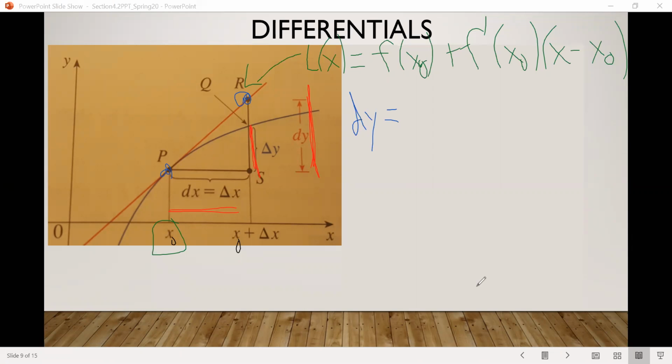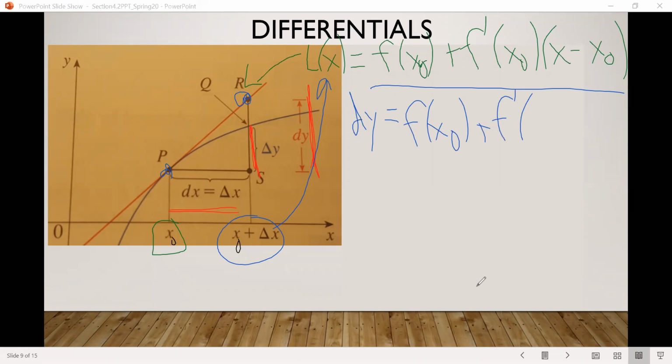Well, that's if we take this x sub naught plus delta x and we plug it in as an input for the tangent line, which using this formula here, what that's going to give us is f of x sub naught plus f prime of x sub naught times, now this value here is our input, so that's replacing x. Hold on, let me do this instead.